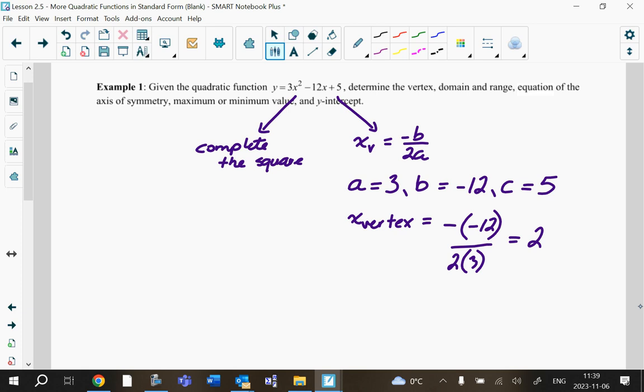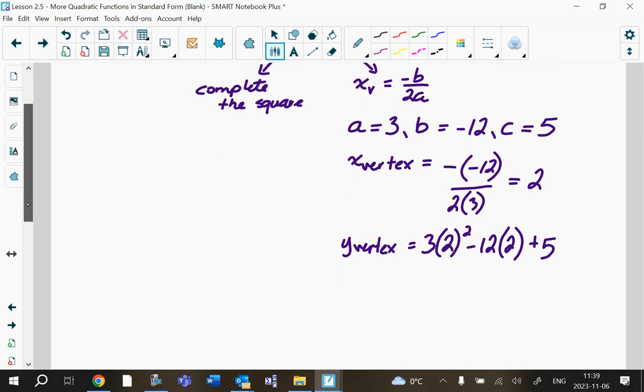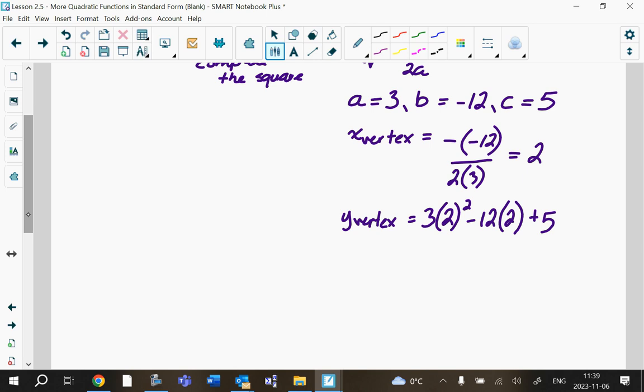How do we find the y vertex? Take that 2, plug it back in for x here, and calculate y. So the y vertex is going to be 3 times 2 squared minus 12 times 2 plus 5. Well, what's 3 times 2 squared?